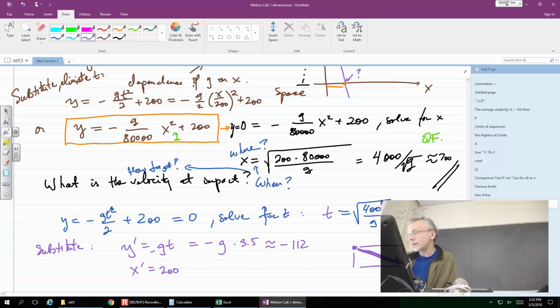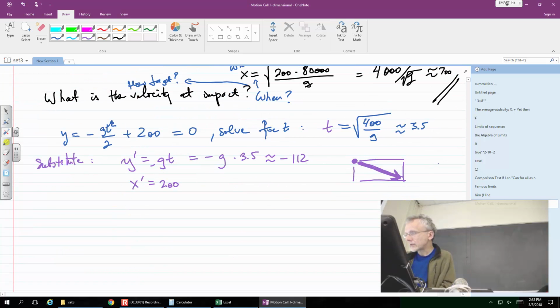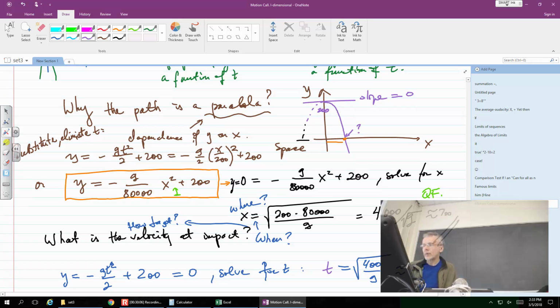So if you want to know not only how fast but the angle of the impact, it will be like this. So once again, 100 down and 200 horizontal. Okay, so that solves the other problem, and you can solve any problem that you can think of with these equations.